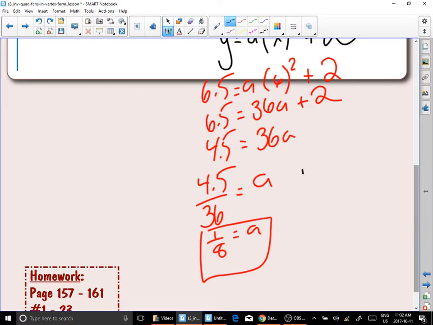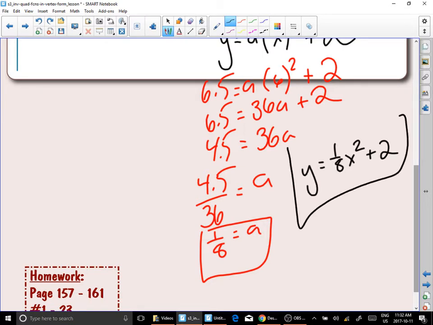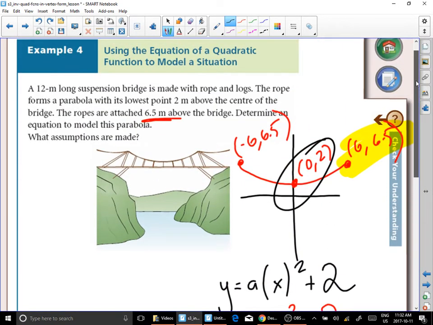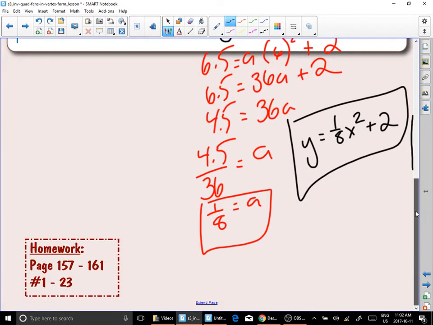And with that, we then know that the equation is y equals 1/8 x squared plus 2. And now, is that it? Yeah, that's it. Okay. We could ask a follow-up question where we have to use this equation, but that's how we go ahead and figure this out.